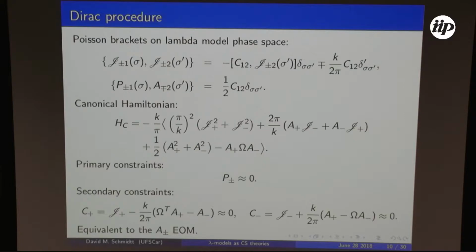The canonical Hamiltonian is this one. Because the action doesn't involve time derivatives of the gauge field, we have a primary constraint, which is just the conjugate momentum of the gauge field. This leads to two secondary constraints, C plus and C minus, which are equivalent to the gauge field equations of motion.